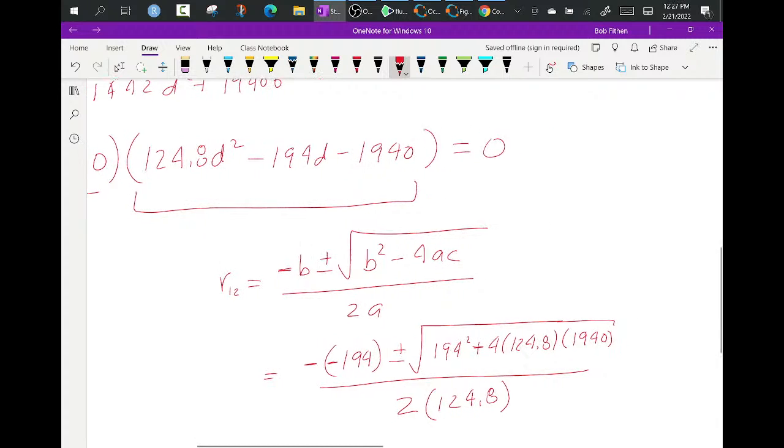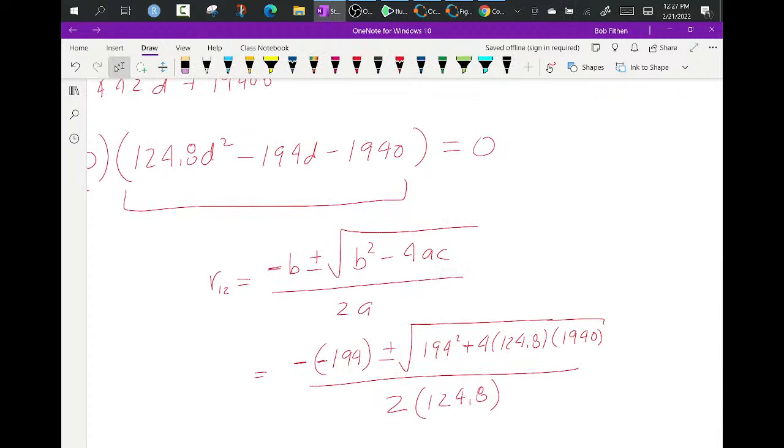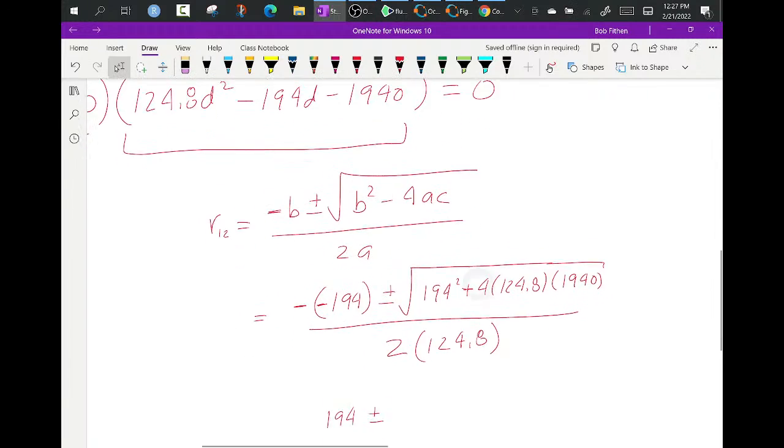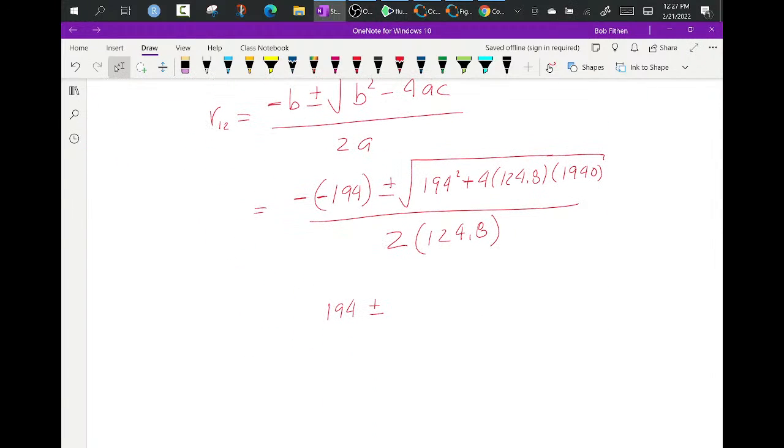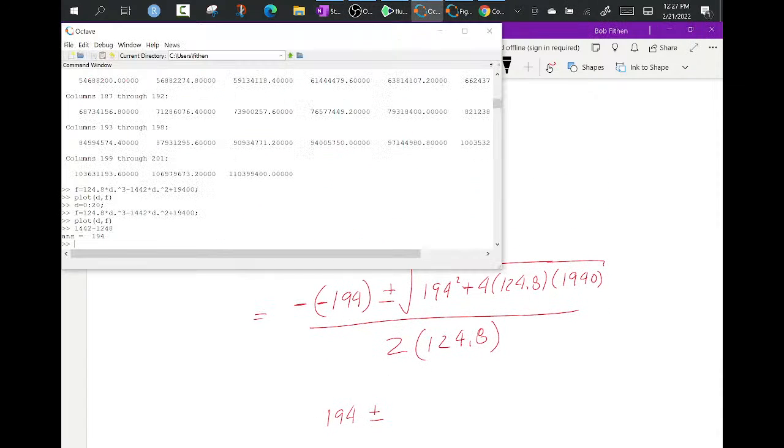Then we're going to look at this on a plot. So 194 plus or minus, and I don't know what this junk is in here. Let me see. Root of 194 squared plus 4 times 124.8 times 1940.